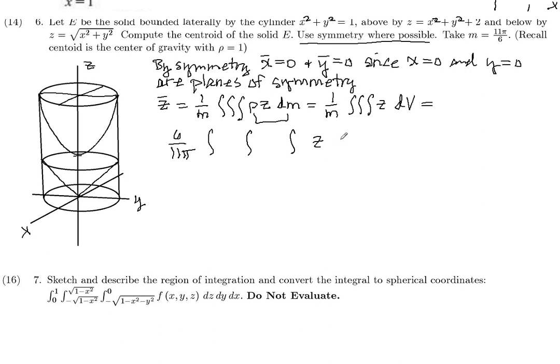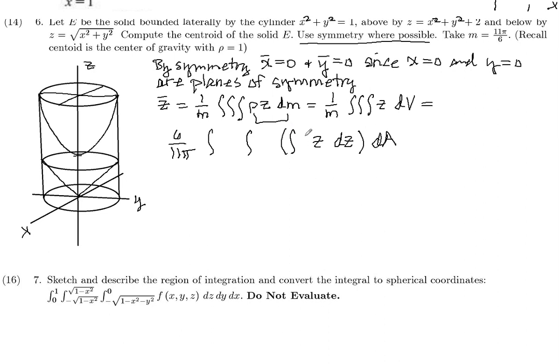And notice that you remember here that dV, what you do is you first do the z integral. Well, the easiest way to do this is because you're finding the z coordinate of the center of mass. So what you want to do is integrate first with respect to z. That's going to be that inside integral. And then the outside integral is going to be dA.